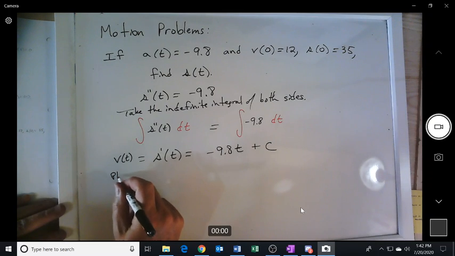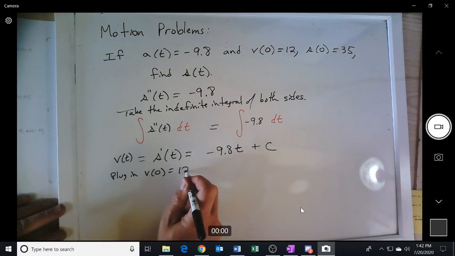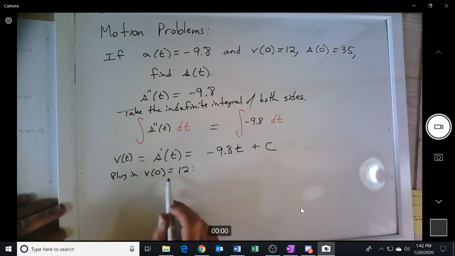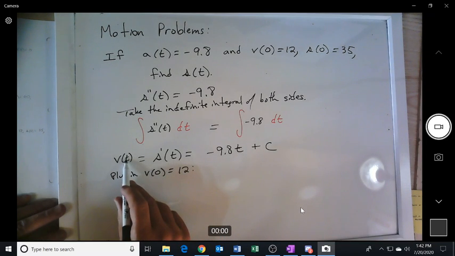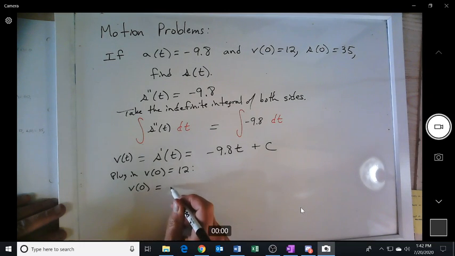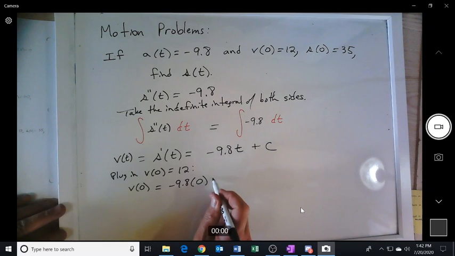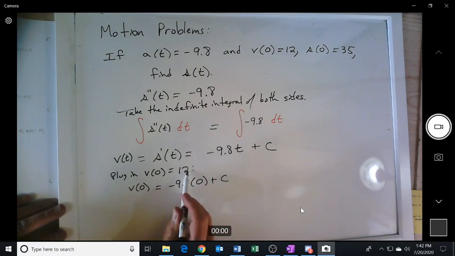Plug in v sub 0 is equal to 12, and then 0 goes in for t. V sub 0 equals negative 9.8 times 0 plus c. But v sub 0 is 12. And that becomes 0 plus c, which is c.